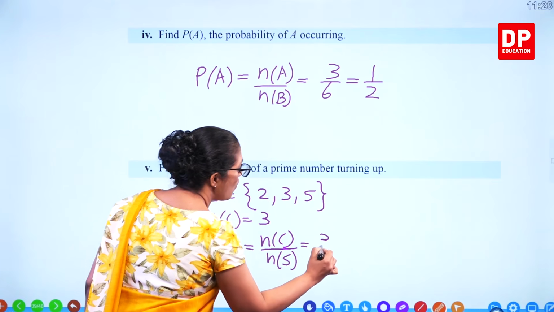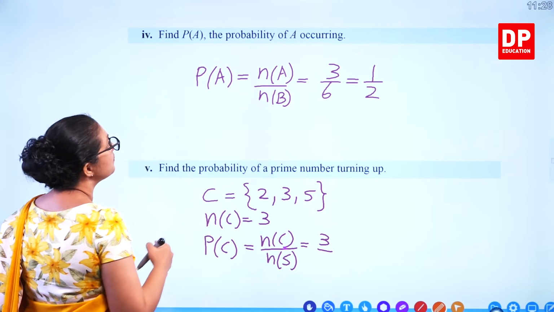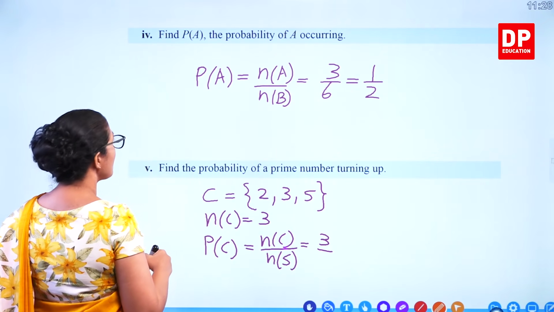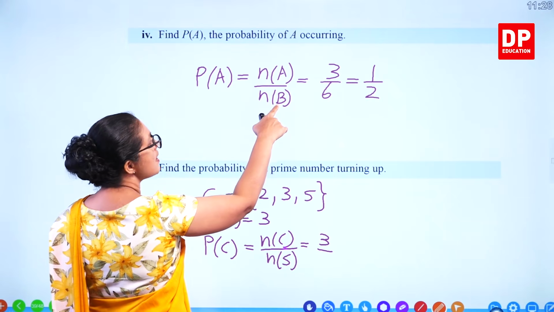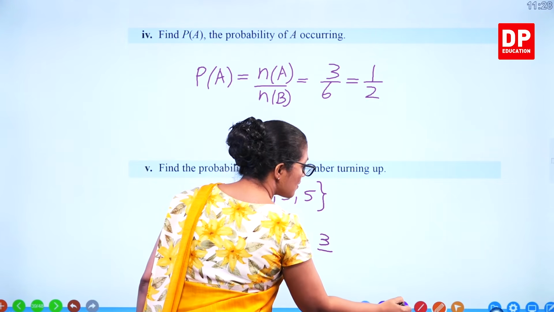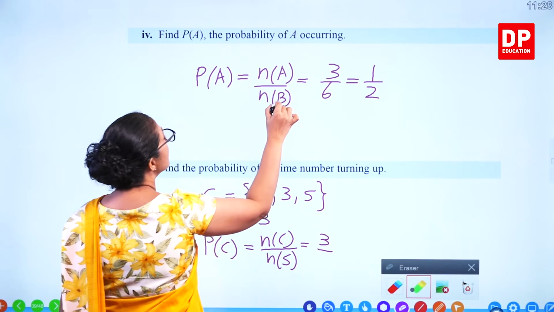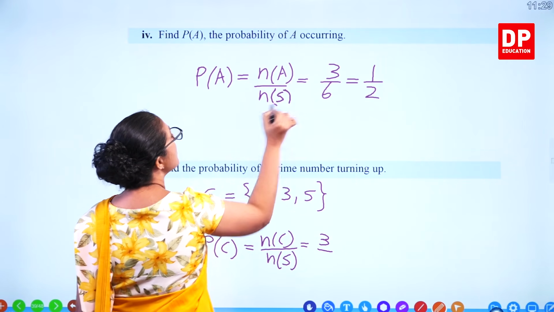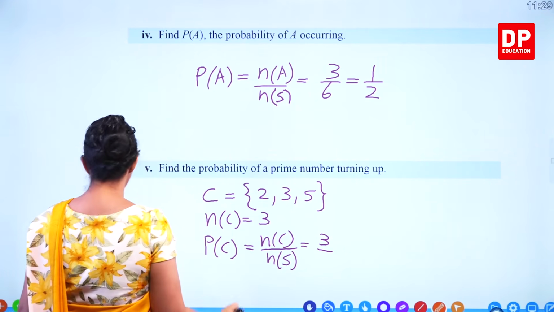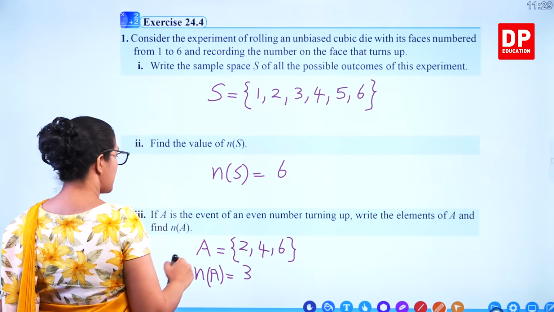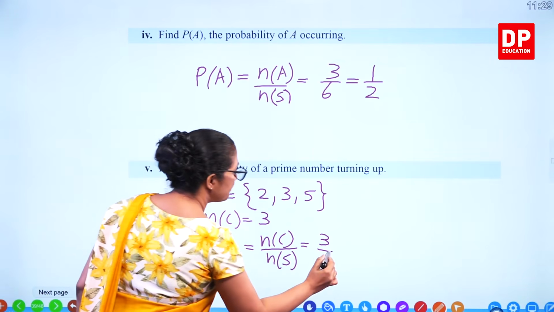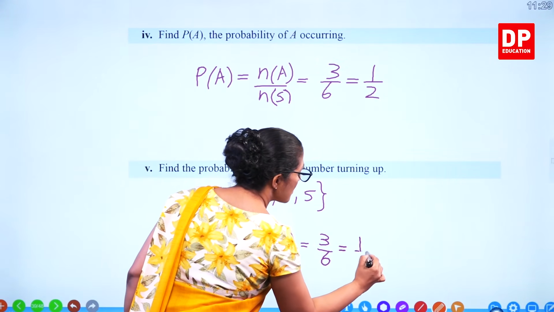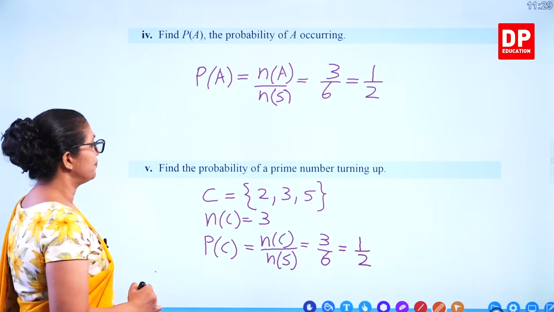That's 3 over total. This one is S, total number. So what's the total number there? 6. 3 over 6, that's half.